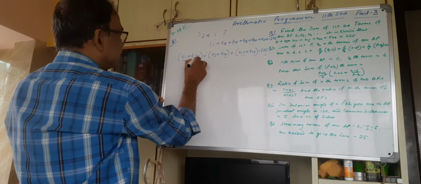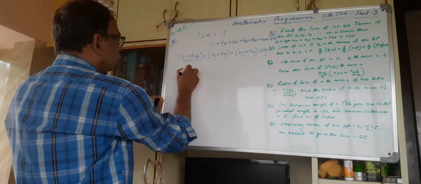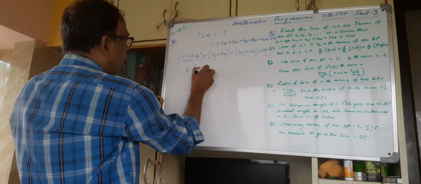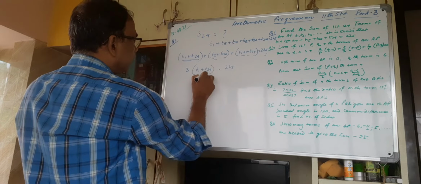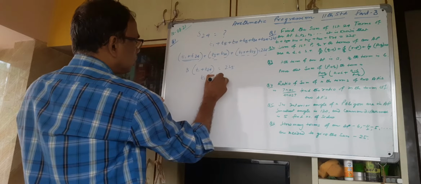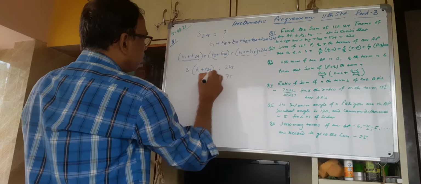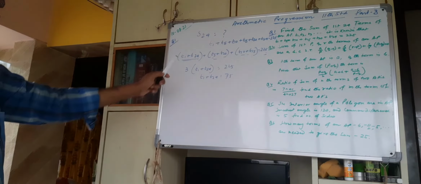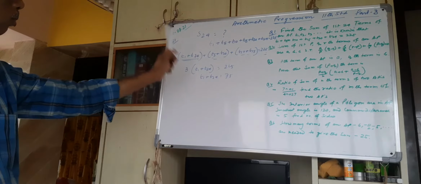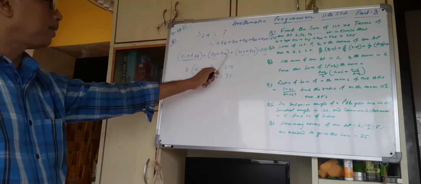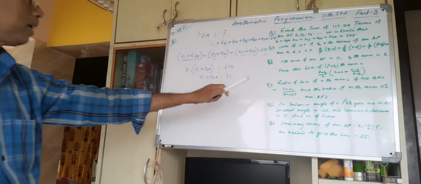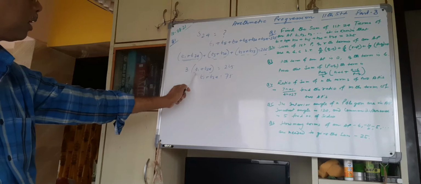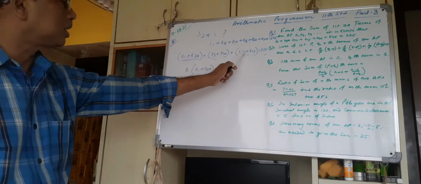So we can write 3 times (T1 plus T24) equals 225. That is, T1 plus T24 equals 75. I am telling you again: whatever T1 plus T24 comes to, T5 plus T20 will be the same, and T10 plus T15 will be the same, because these are always equal.